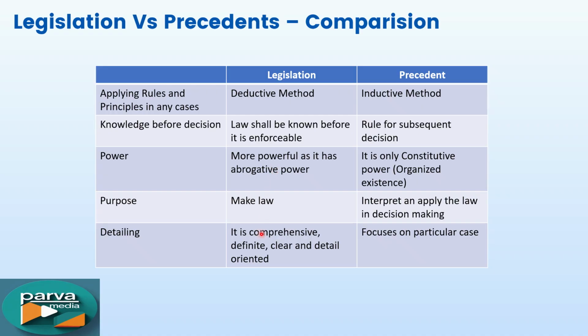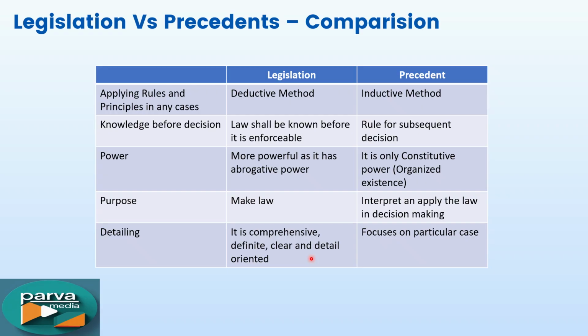The purpose of legislation is to make law. The purpose of precedent is to interpret and apply the law. So the basic purpose of legislation is making a law, but in the case of precedent, the court will interpret and then apply the appropriate law. In terms of detail, legislation is more comprehensive, clear and detailed.